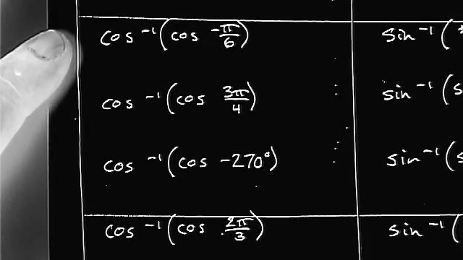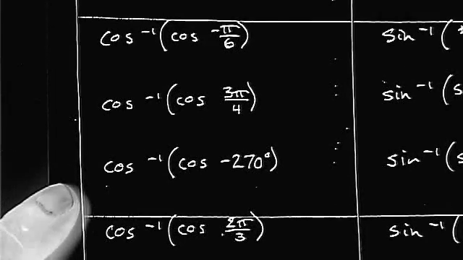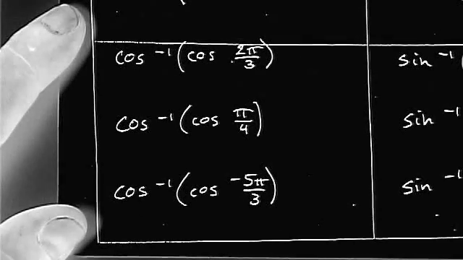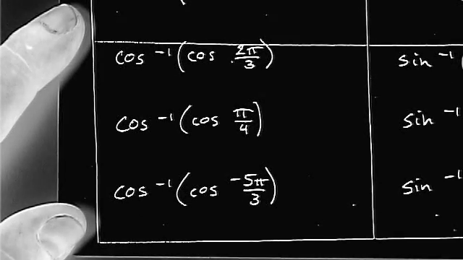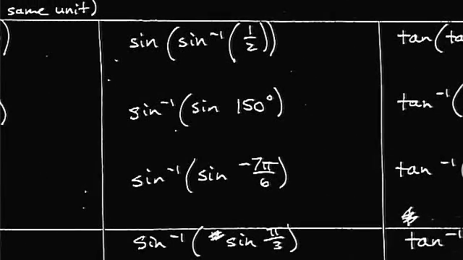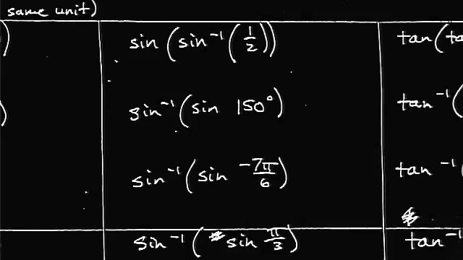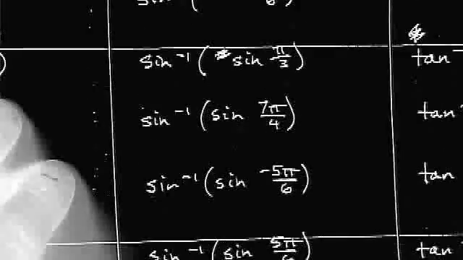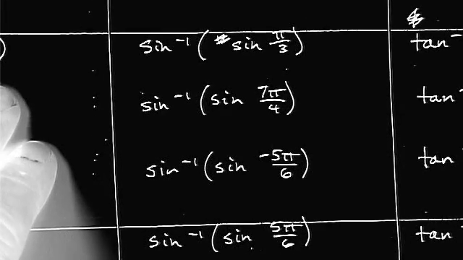Yes, there are a bunch of them. Bunch for cosine, sine, and tangent, and the inverses and all that good stuff.